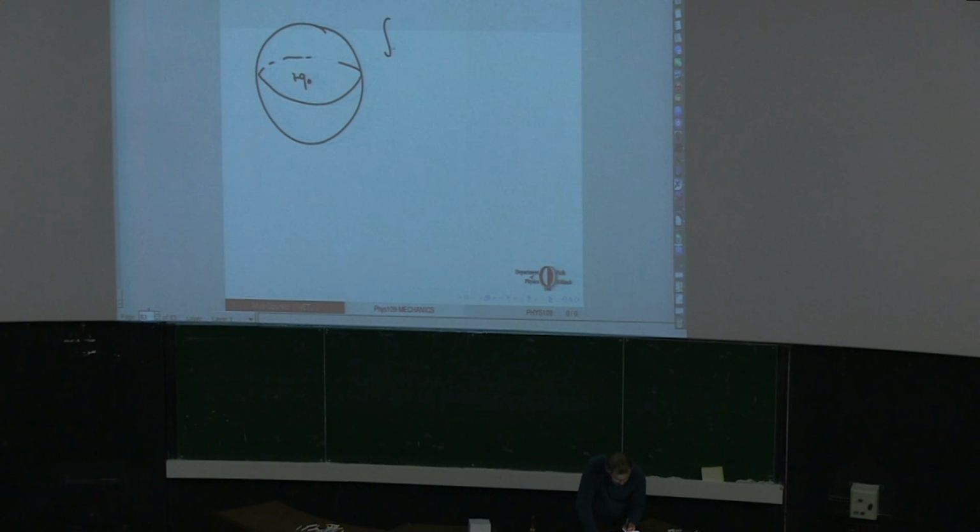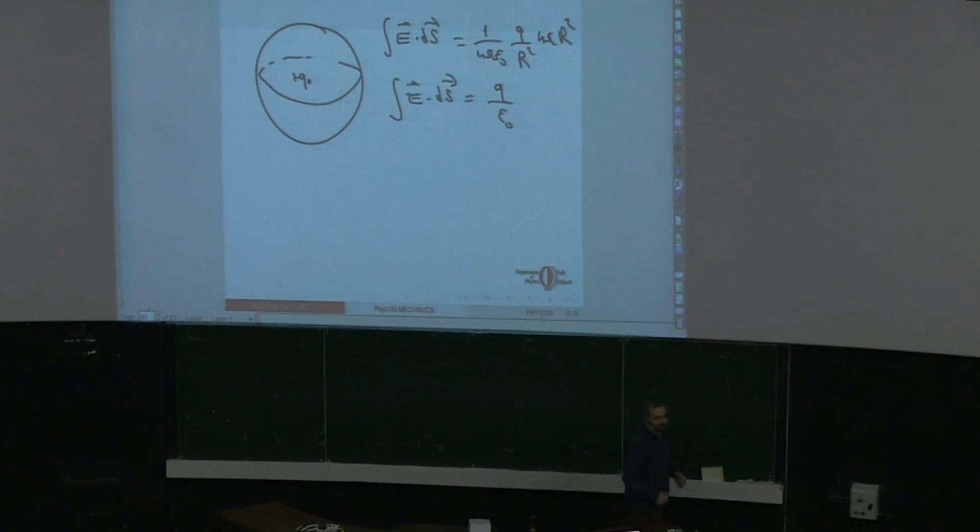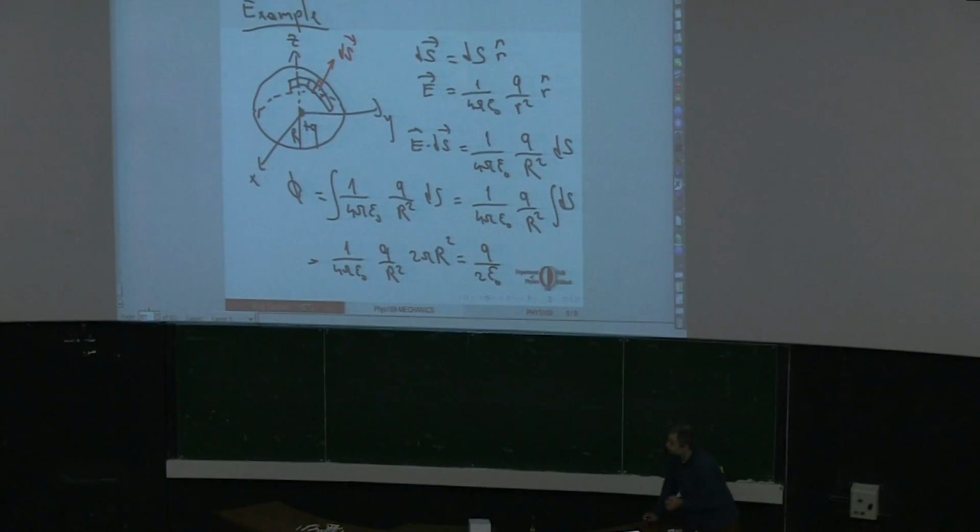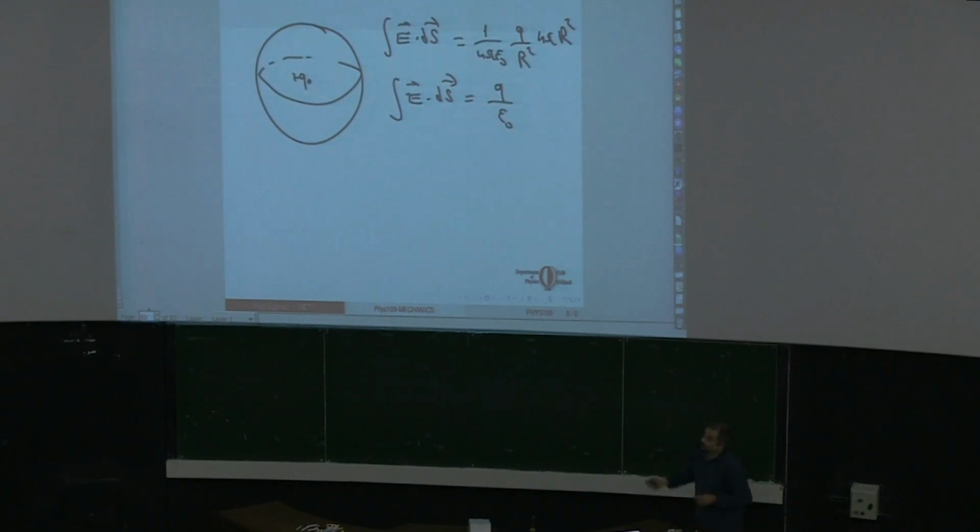In this case, the integral of E dot ds would be equal to 1 over 4 pi epsilon 0 q over r squared times 4 pi r squared. And this will be q over epsilon 0. The only difference in this derivation is that this integral, the total area of my surface, would be not 2 pi r squared, but 4 pi r squared.